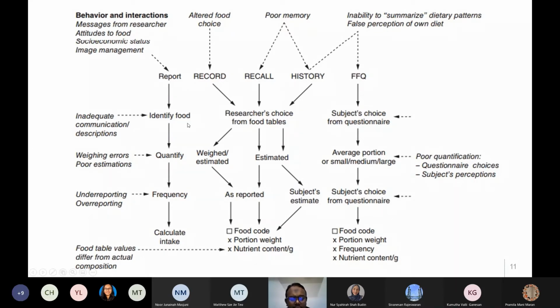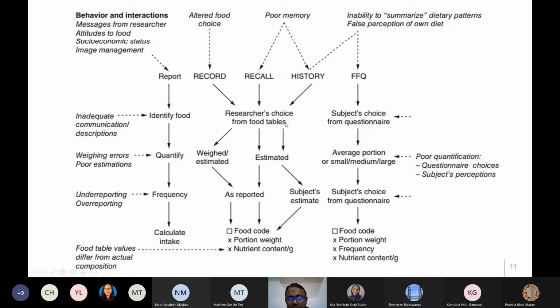During the identifying food stage, if there is inadequate communication or description, it depends on the researcher's choice from food tables for foods that we recall or history, but it depends on the subject's choice from the questionnaire for FFQ.